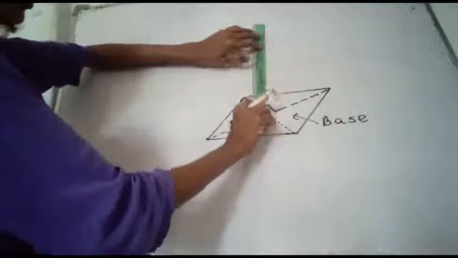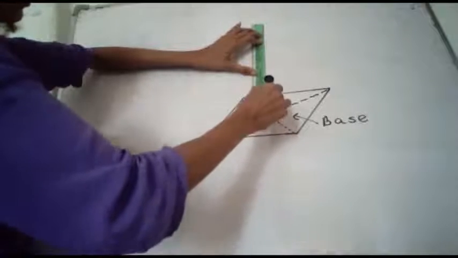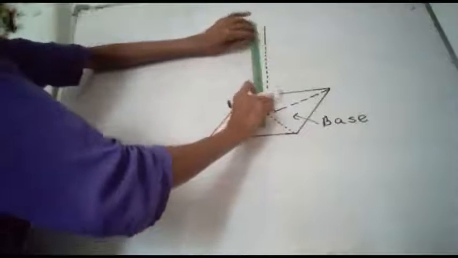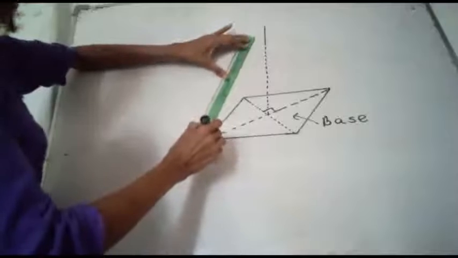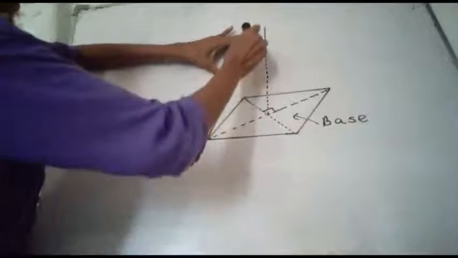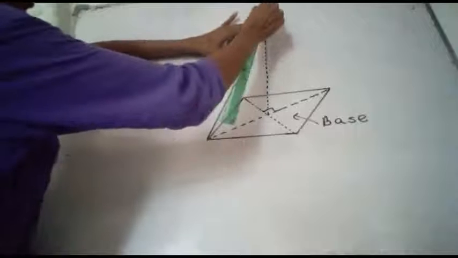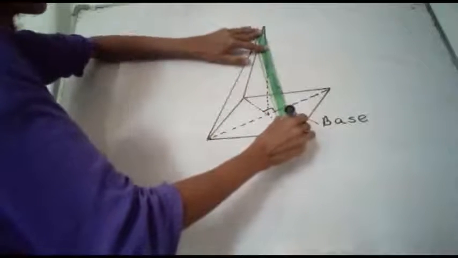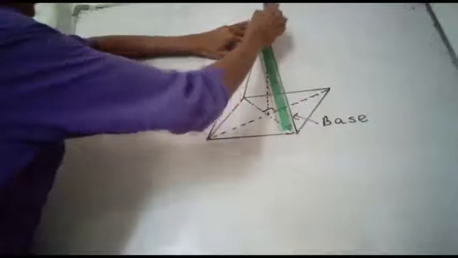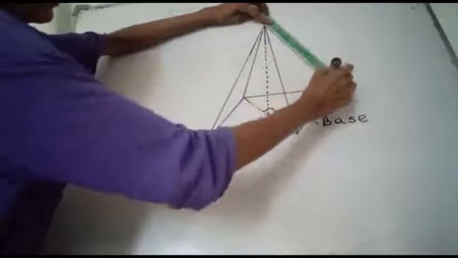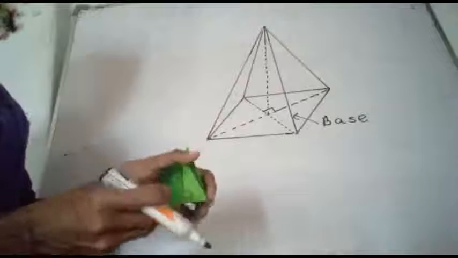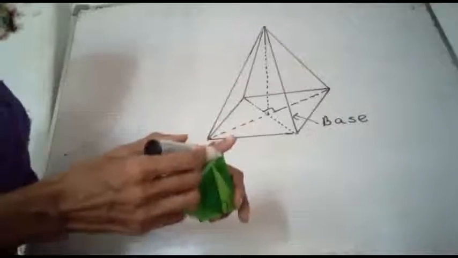Now, square base right pyramid. Right pyramid means this is the apex of the square base pyramid.